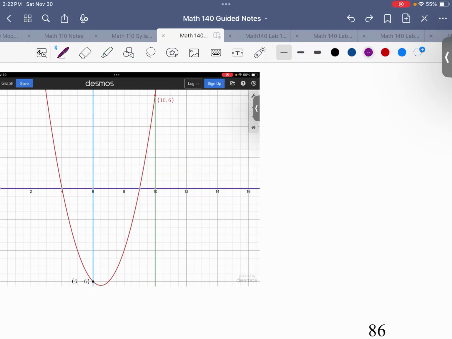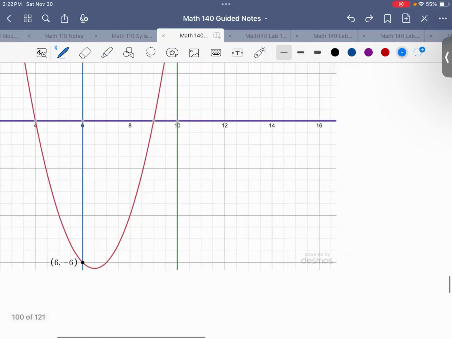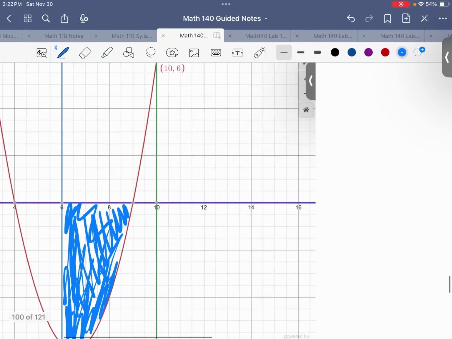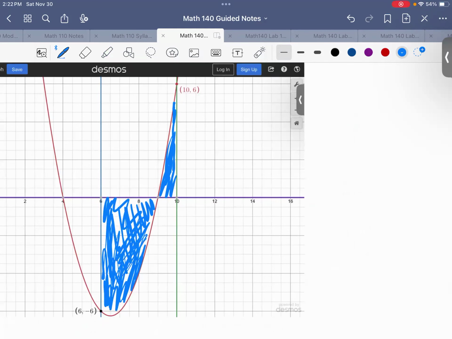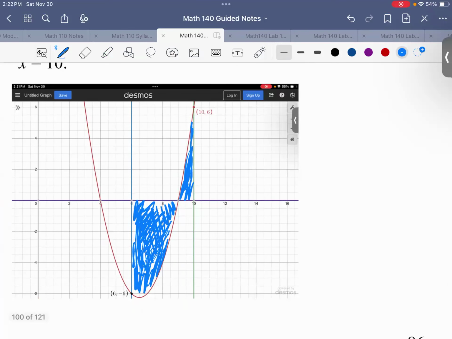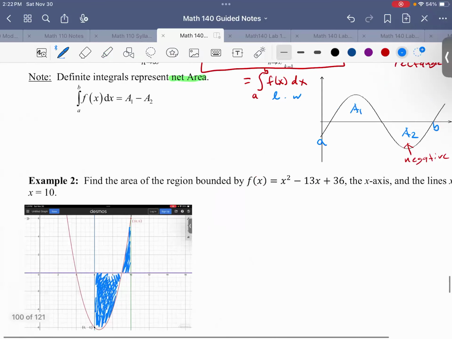So let me use this light blue. I want to find the area of this shaded region here. Okay. So how do I do that? Well, that's where our integral comes into play.